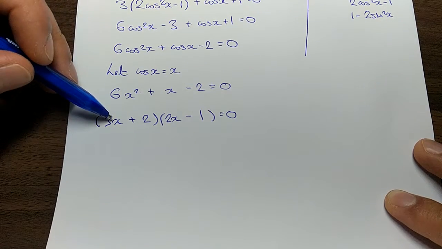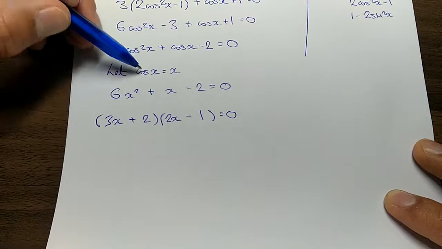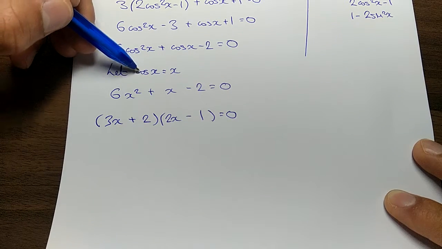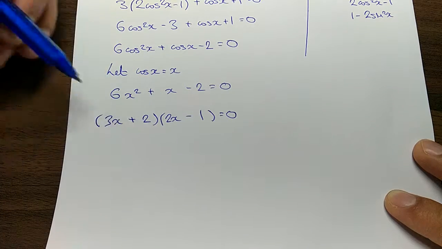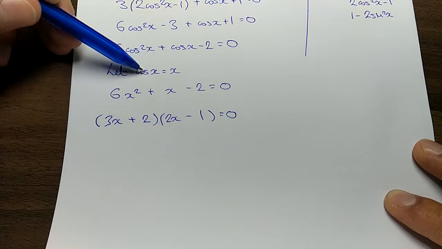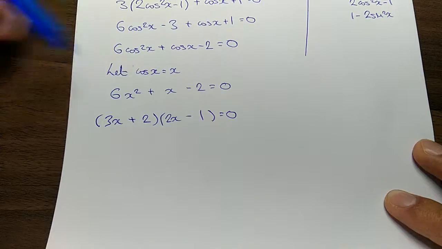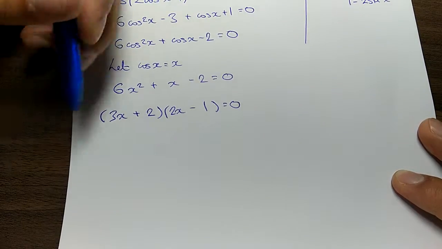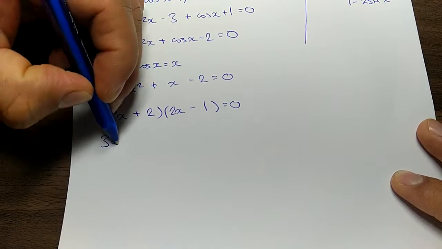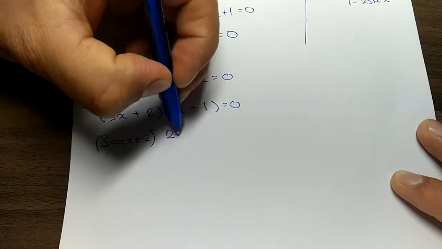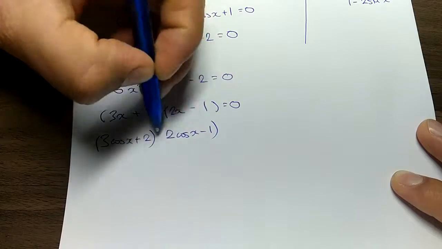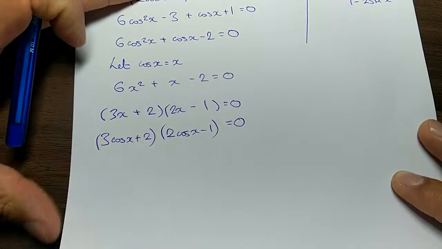Once you've factorized, you replace your x's with cos x again. Replacing cos x with an x was a temporary measure to allow us to factorize. So that will be 3 cos x plus 2 and 2 cos x minus 1.